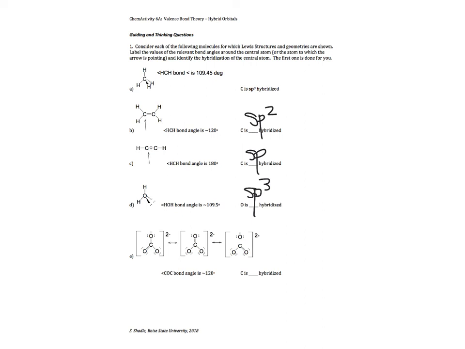So look at here, another typo. This is the OCO bond angle. Let me do this one up here, HCC. The OCO bond angle is about 120 in this molecule. And so that's going to make the carbon sp2 hybridized.